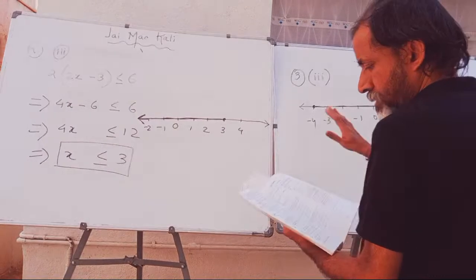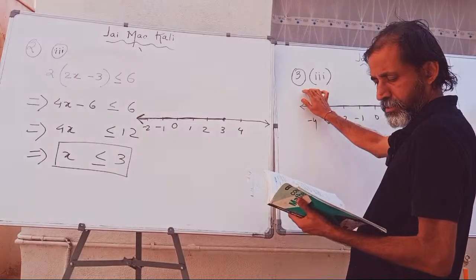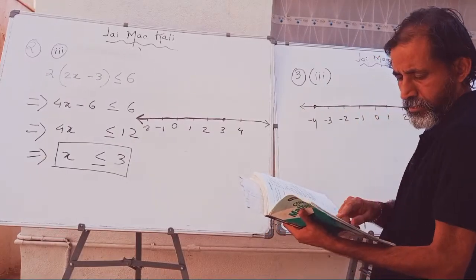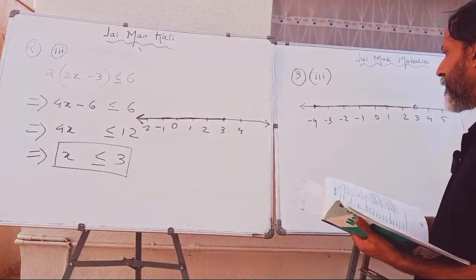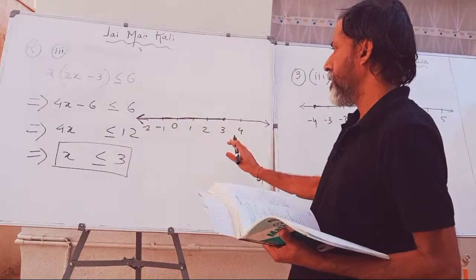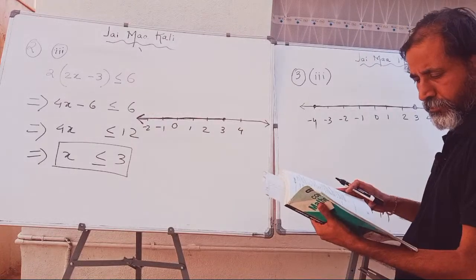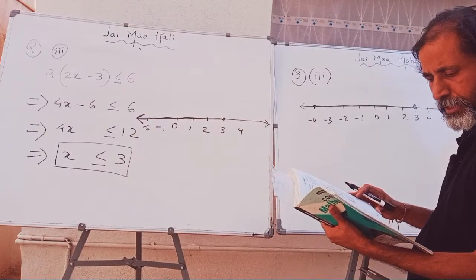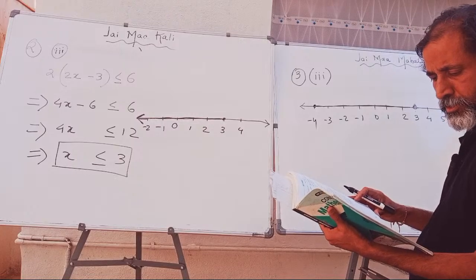This one is section 4B, third main, third question, right? So we need to write down in this form. What is the solution set of this inequation? Write an inequation taking x as a variable. So what do we do?